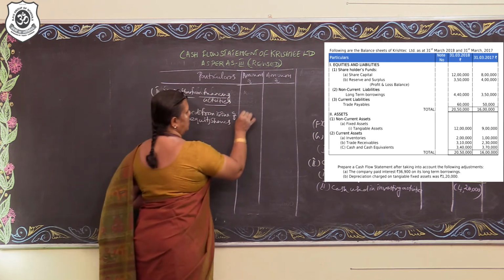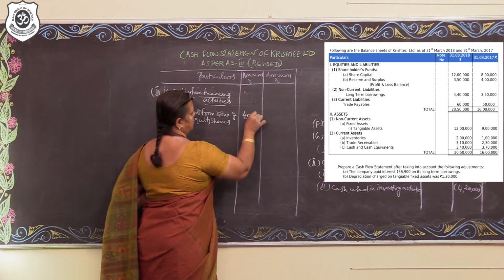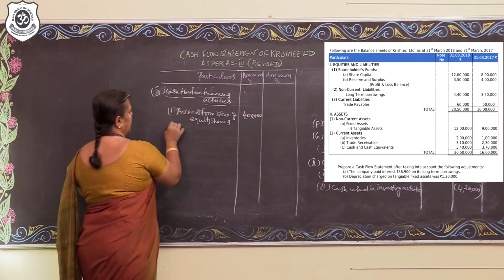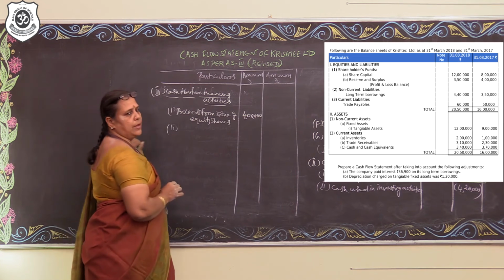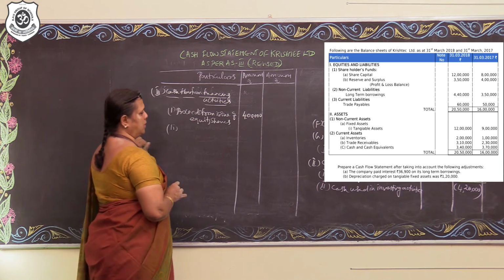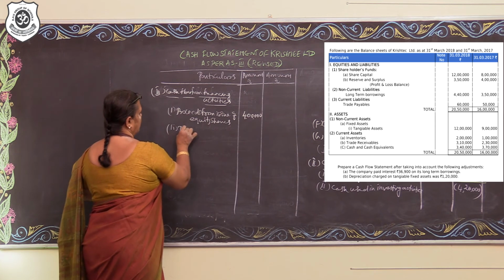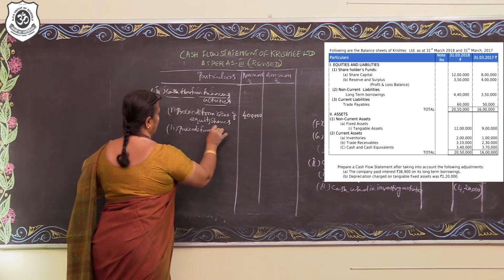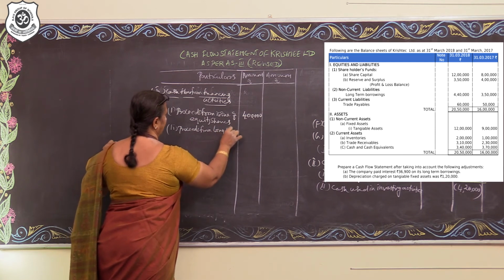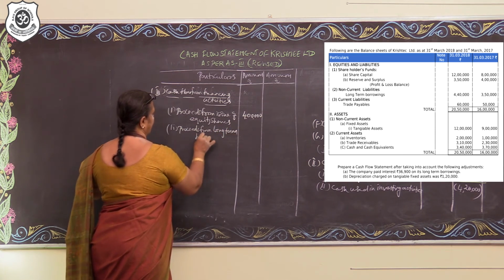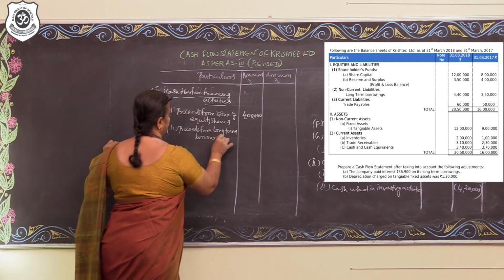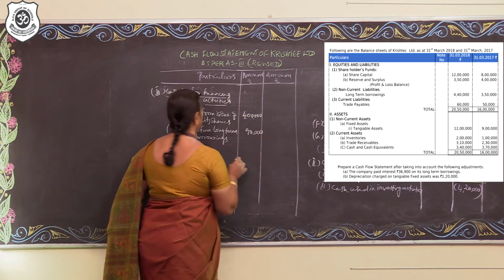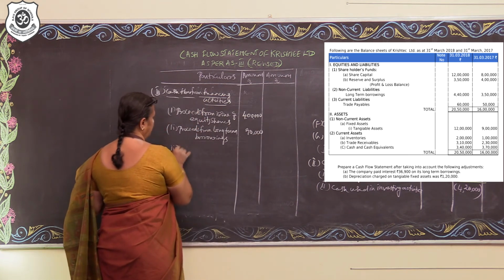So, increase by 4 lakh rupees. Then, you have long-term borrowings increasing from 3,50,000 to 4,40,000 rupees. So, proceeds from long-term borrowings 90,000.